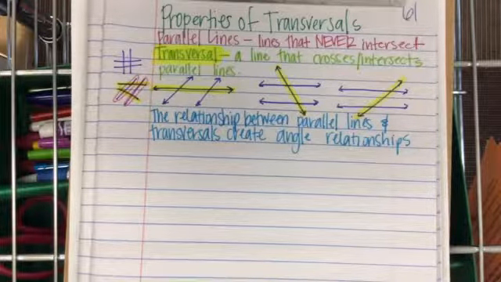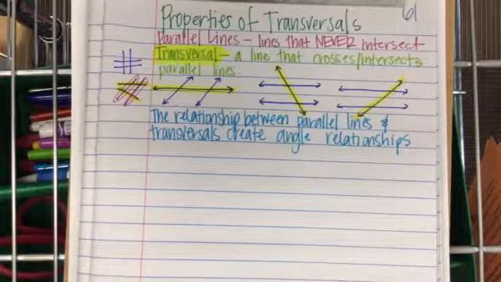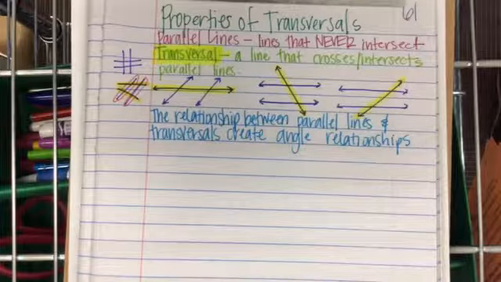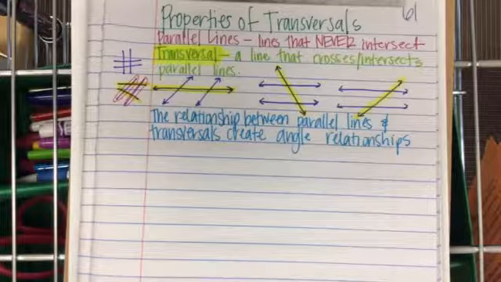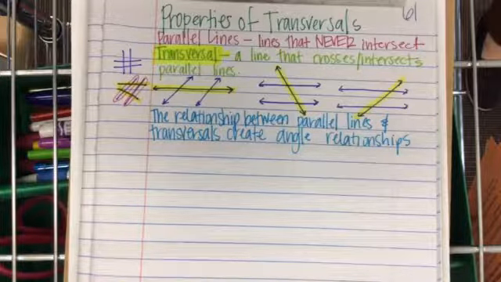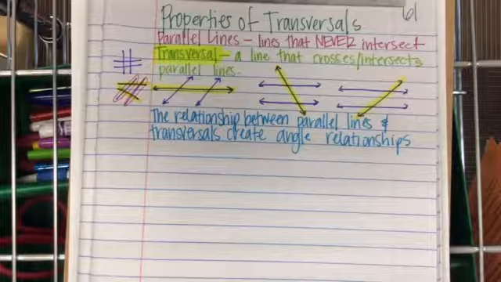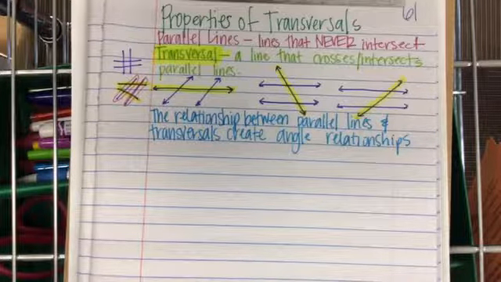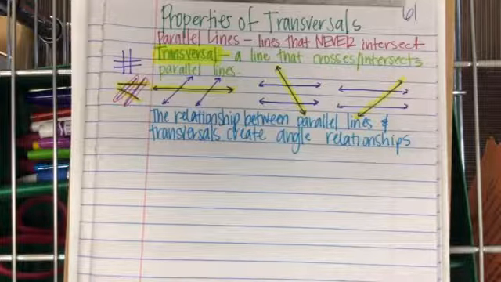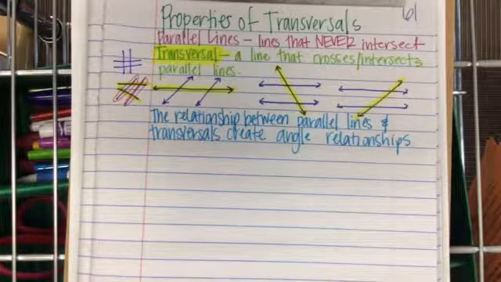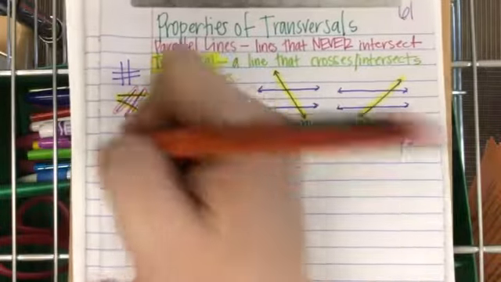And these 3 vocabulary terms only occur when there are parallel lines and a transversal. If there are no parallel lines, these don't exist. If there's no transversal, these don't exist. Again, mathematicians, not a creative crew, so their definitions are basically their names. And you'll see what that means in a second.